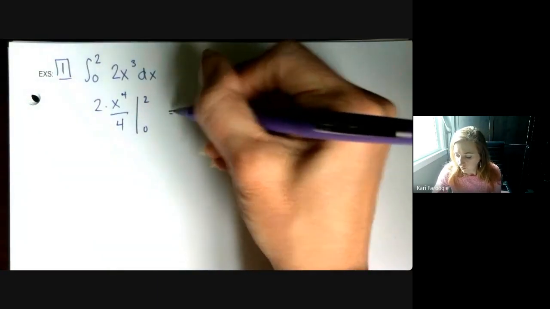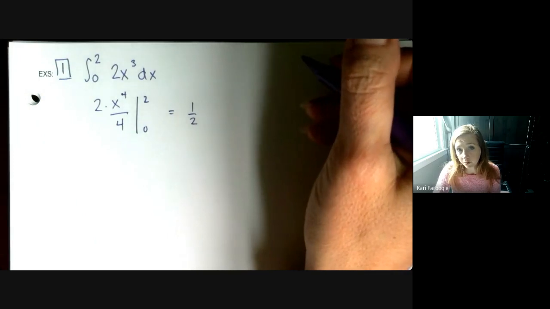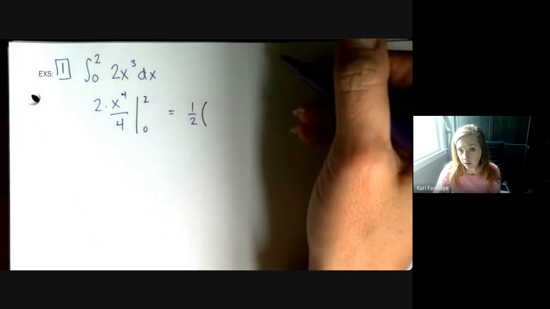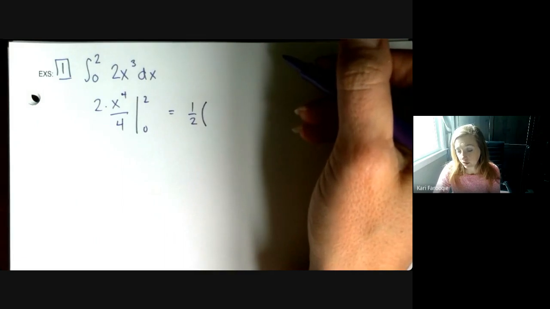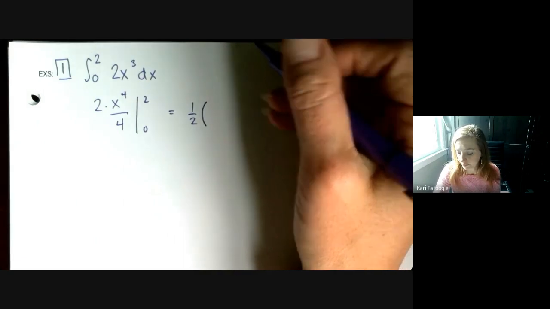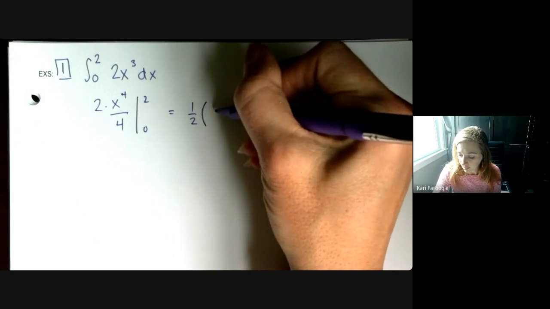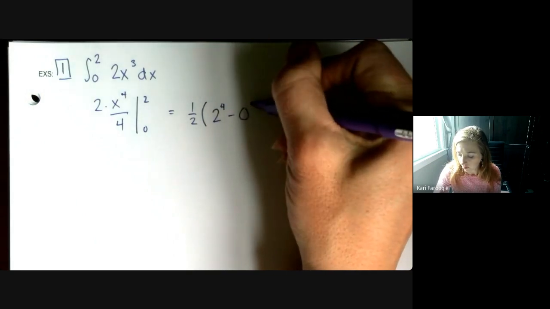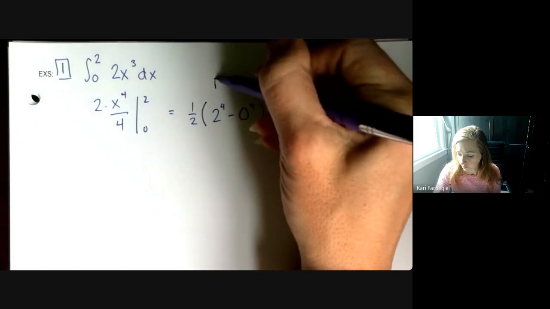Now, if you just have a constant multiple, which in this case simplifies to a half, it's up to you if you want to keep the 1/2 on your x or if you want to factor it out. I tend to say let's factor it out, but it's up to you. So if I do that, now I'm taking 2 to the 4th minus 0 to the 4th when I apply the FTC.